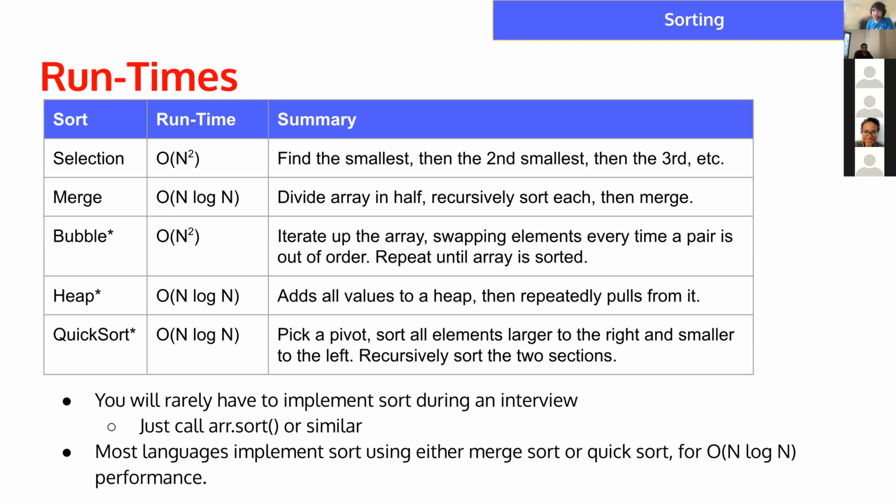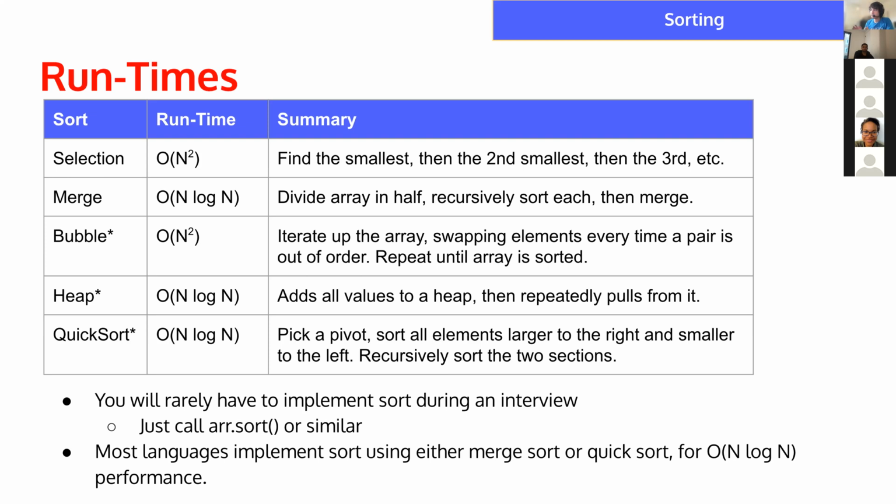Almost every language has something like array.sort or sort array or collections.sort, something that will do all the sorting for you. But it's useful to know behind the scenes what's happening, especially for big O performance. So almost every language implements sort by using some combination or some form of merge sort and quick sort. So almost every language will do sort in n log n performance.